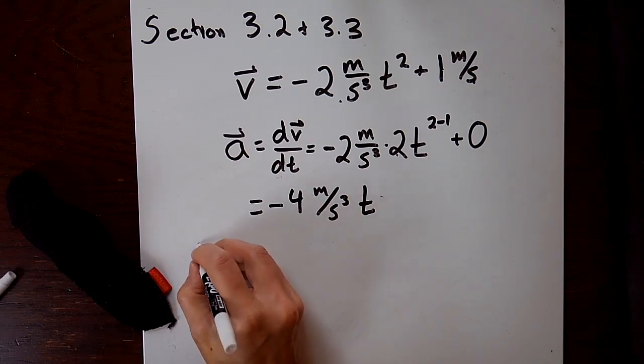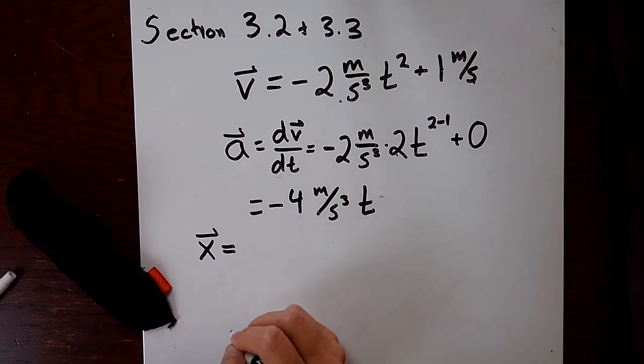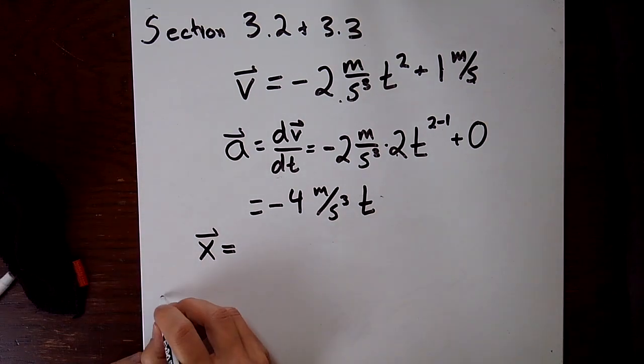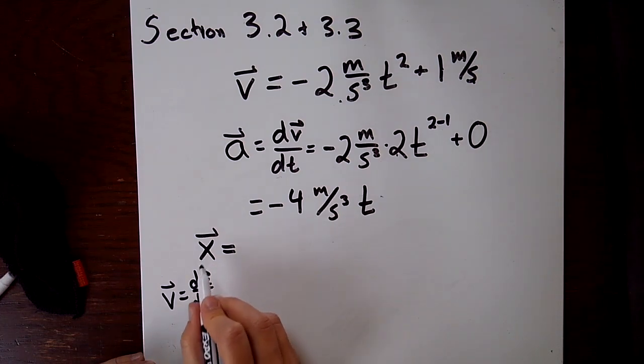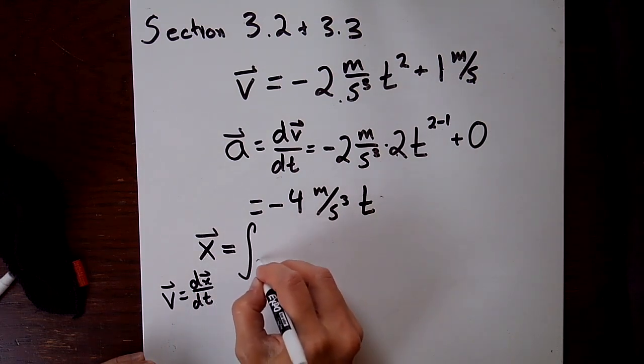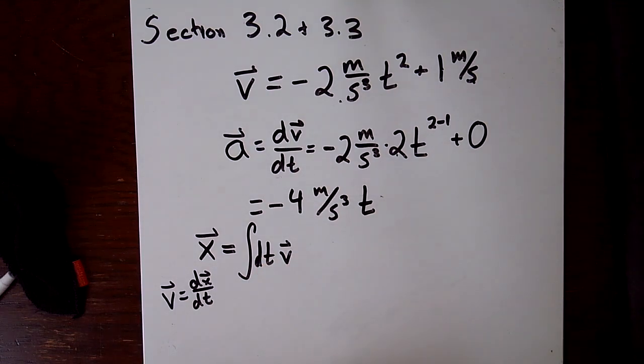Now let's find position. Now for position, we had that velocity was the derivative of position. So that means that position must be the integral of velocity.